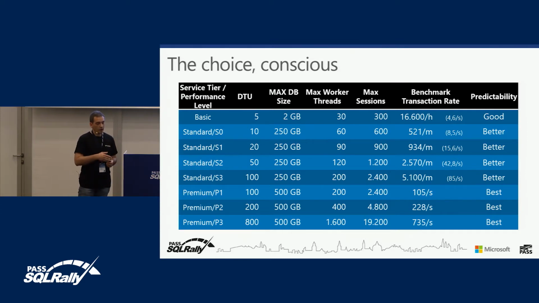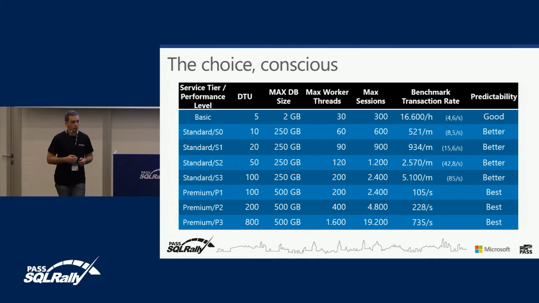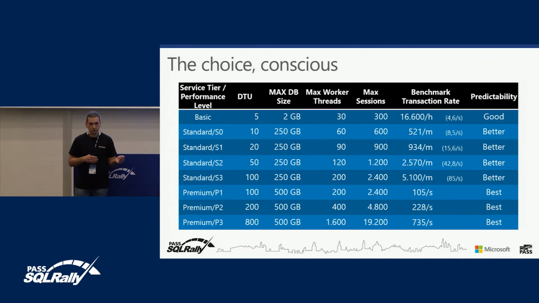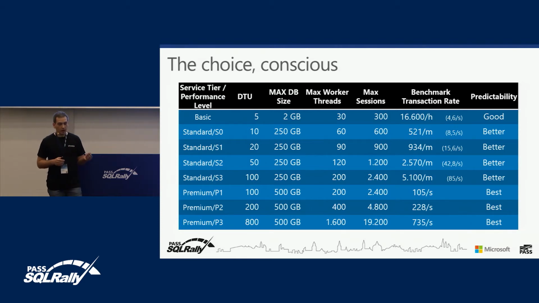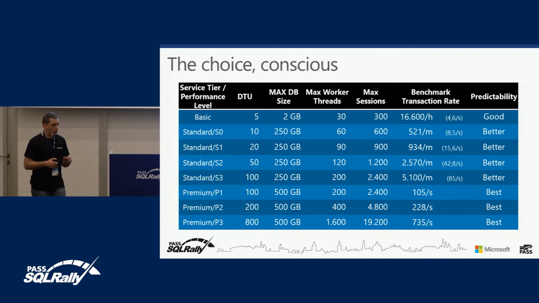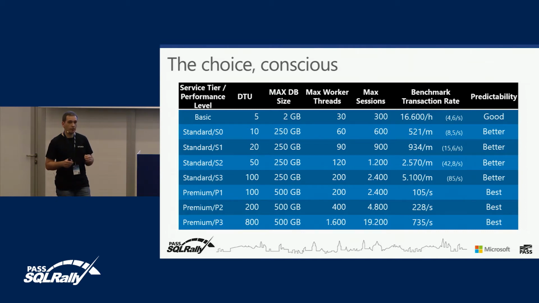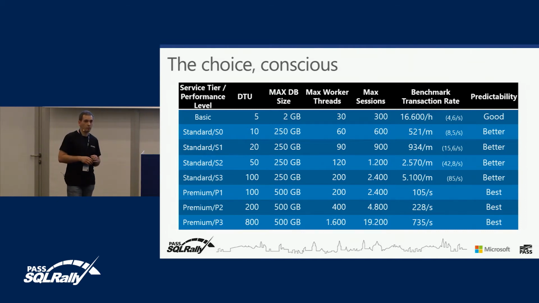Another important column is the benchmark transaction rate. This is a number of operations as a benchmark with an OLTP database. So with this value, you can have an idea of the capacity of the server.